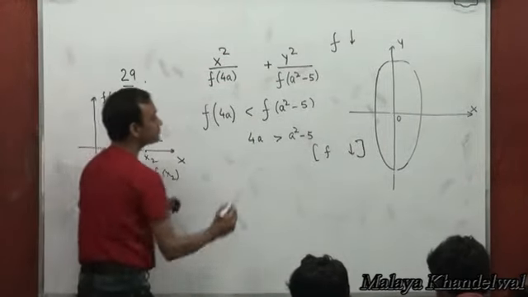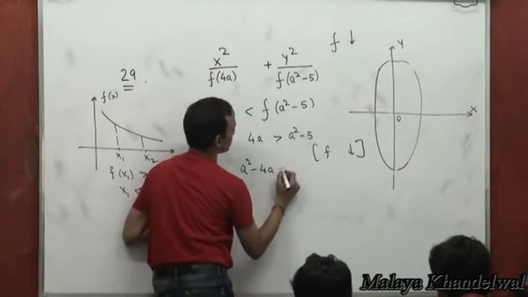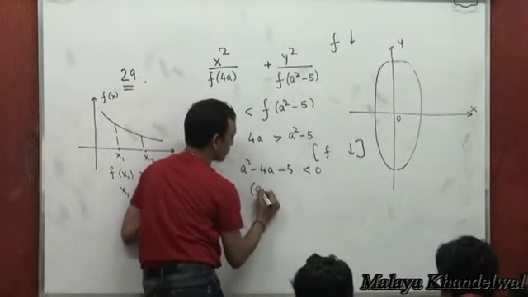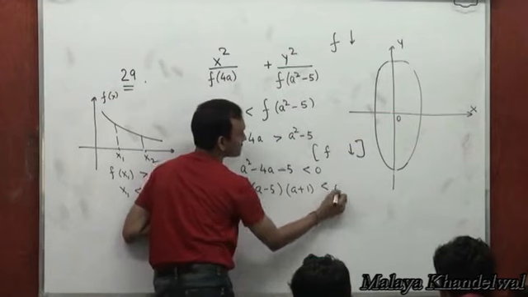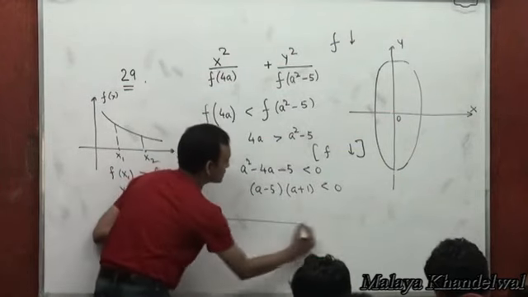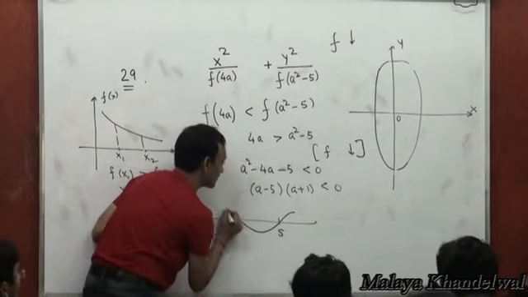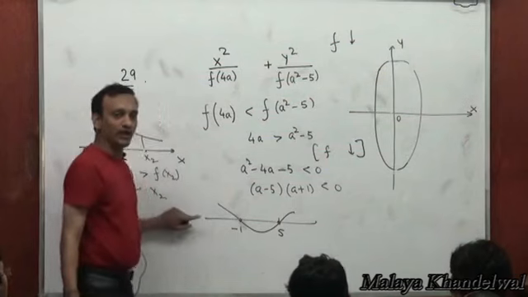Clear? Or I have a squared minus 4a minus 5 less than 0, or a minus 5 into a plus 1 less than 0. Wavy curve method, this is minus 1, this is 5. So this product will be less than 0 when a belongs to minus 1 to 5.